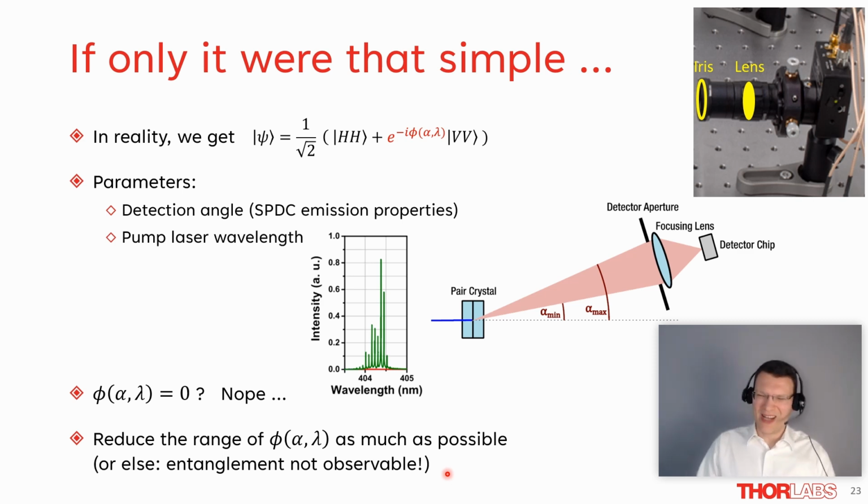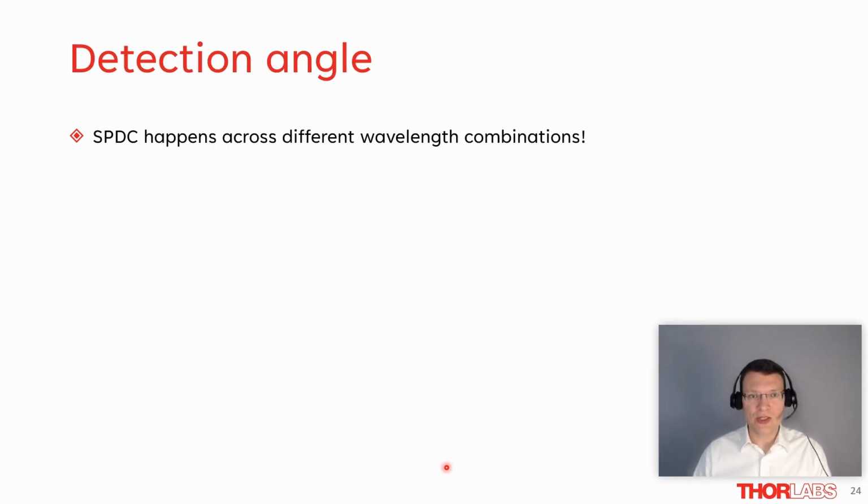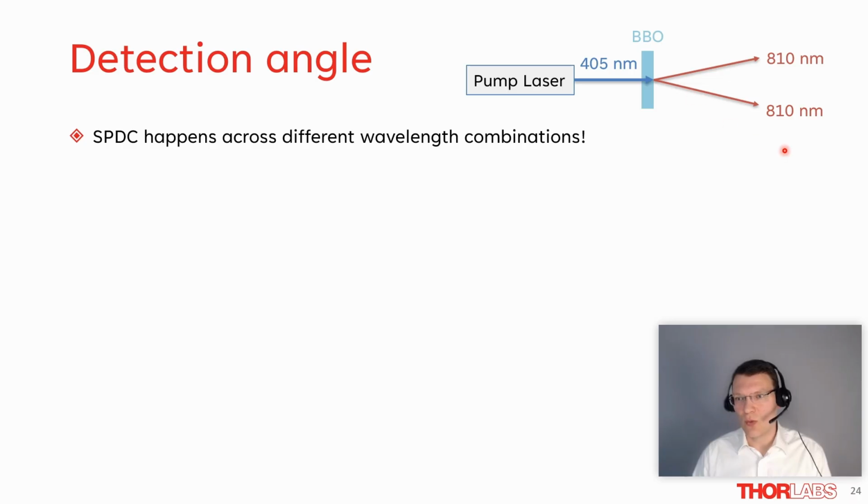So I understand this is rather technical on first sight, but it's very important in a lab context. So let's look into this in a little bit more detail. As I said, the spontaneous parametric down conversion, so this pair creation, happens across different wavelength combinations. What I showed you before is not the entire truth, because apart from 810 and 810 being created together, you're also generating 811 and 809 and so on.